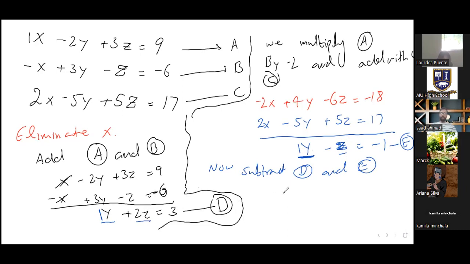So let's say I write D on the top: y plus 2z equals 3. And I subtract. Subtracting means putting the negative outside. Let me just write it and then change the signs.